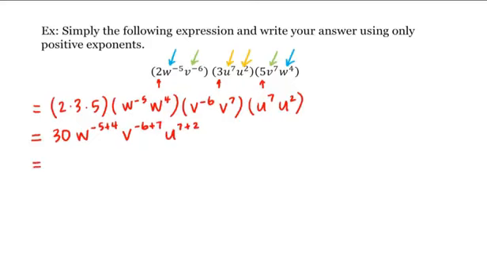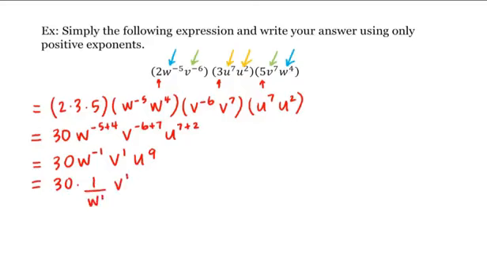which is equal to 30 times w to the negative first power times v to the positive first power times u to the ninth. And then by the negative exponent rule, this is equal to 30 times 1 divided by w to the first power.